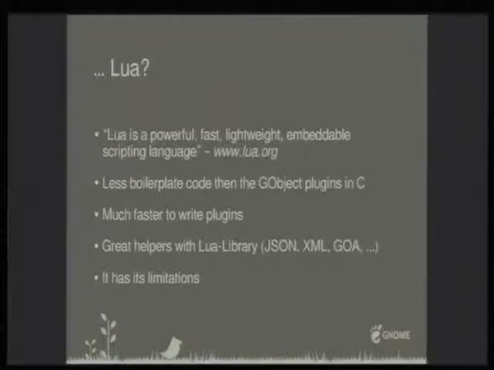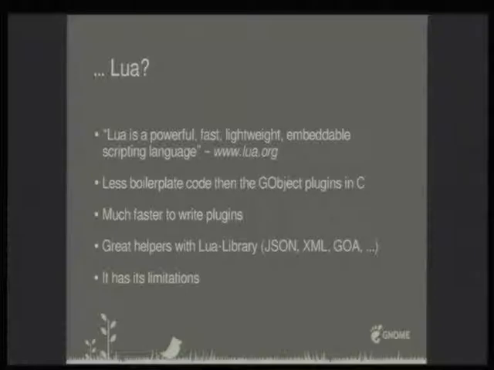And I will show you that we did some nice extensions. It makes writing a plugin much faster nowadays. So why not Python? Why not another language? Because Lua is just enough. It's fast. It's very easy to integrate with C. And Lua has lots of comparisons. It's quite a fast language.